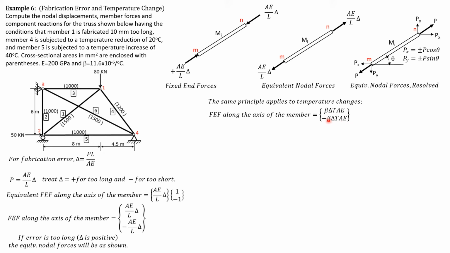So the denominator will also be negative. So if the delta T is positive, then the member will be subjected to fixed end forces, which is in compression. Then the equivalent nodal forces is such that the member will be in tension. So it's very much the same principle.